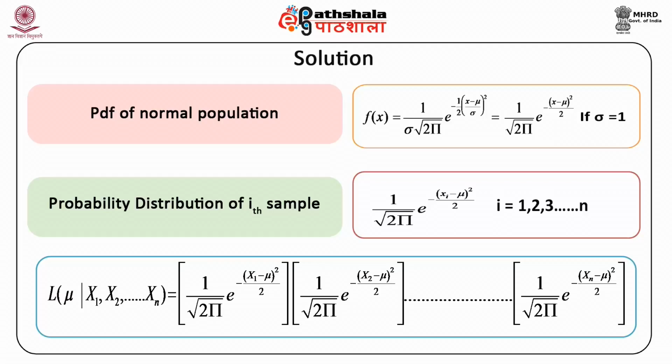The log likelihood function using natural logs with base e is now a sum of n terms.